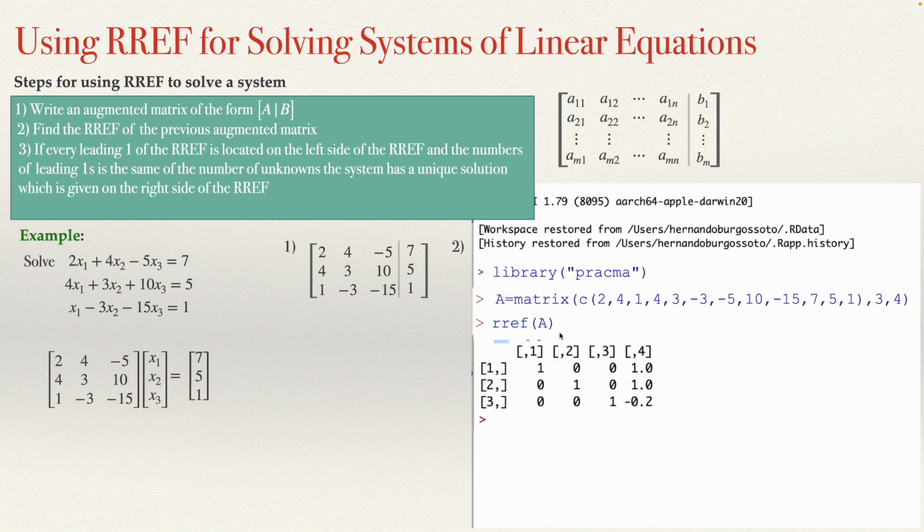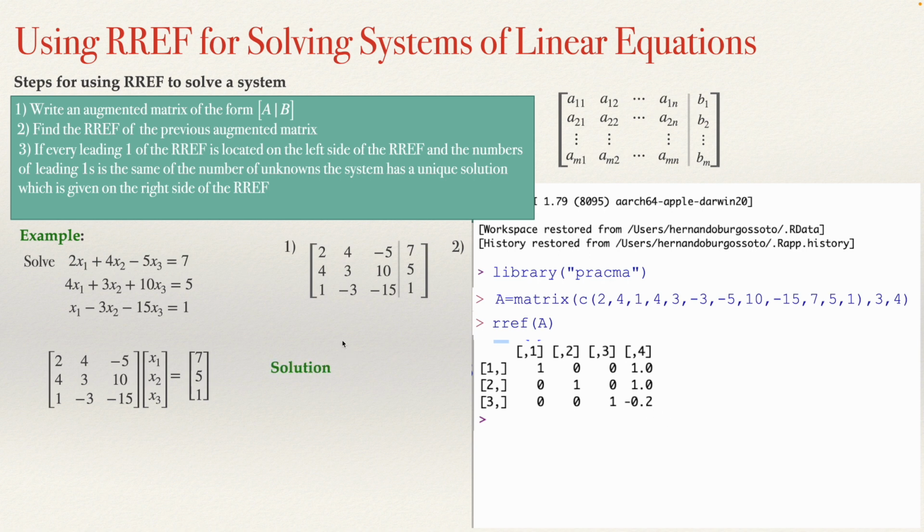When you press enter, R gives you the reduced row echelon form of the matrix. I notice that there is no leading one in the last column, and that the number of leading ones is exactly the same as the number of unknowns. Then this system has a unique solution, and the solution appears here in the last column: 1, 1, minus 0.2.